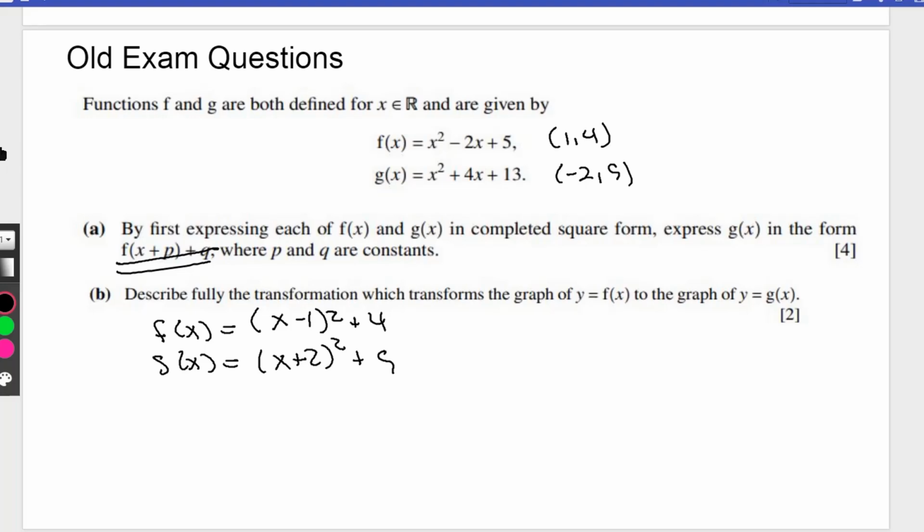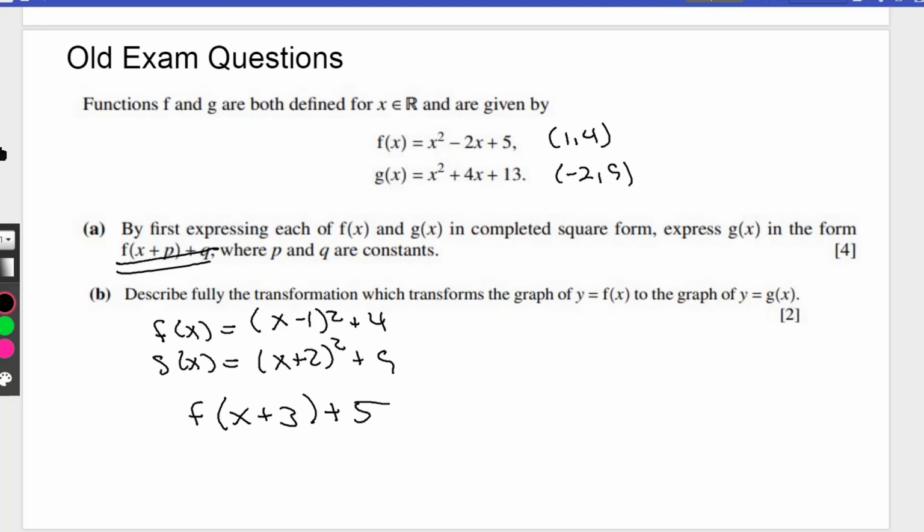So the x-part went from minus 1 to plus 2, which means we must have added 3 to the minus 1 to get plus 2. Then we went from 4 to 9, so we must have added 5.